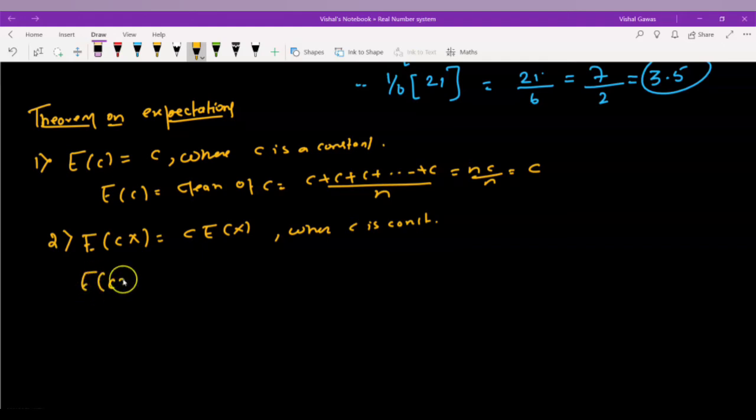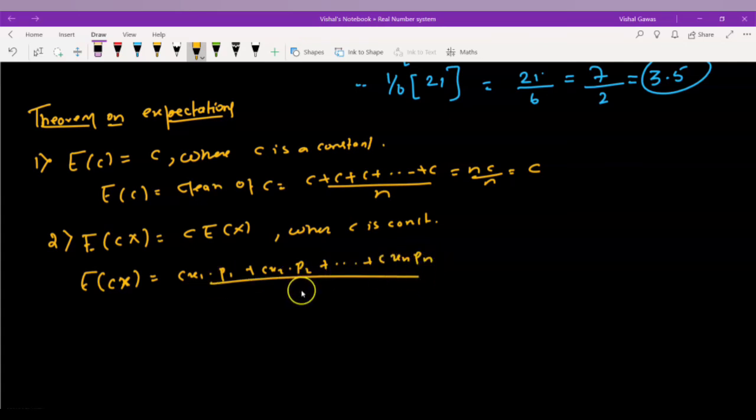So what will be the expectation of cx? This would be equal to cx1 into p1 plus cx2 into p2 plus so on up till cxn into pn over the n. I made a mistake here because I'm sticking with capital N, so let's not change the notation.